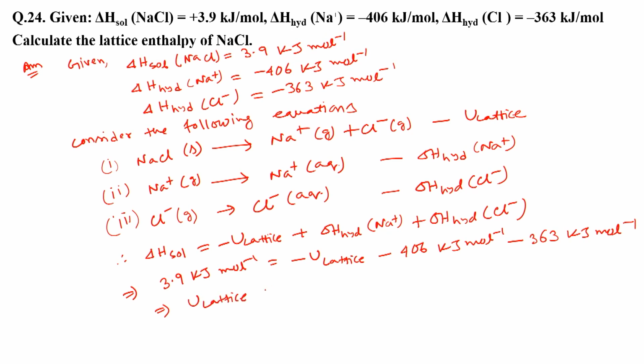Lattice enthalpy of NaCl is minus 3.9 minus 406 minus 363 kilojoule per mole. So, if we calculate this, we get minus 772.9 kilojoule per mole.